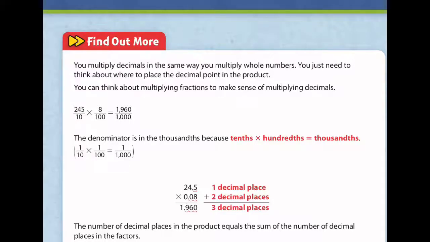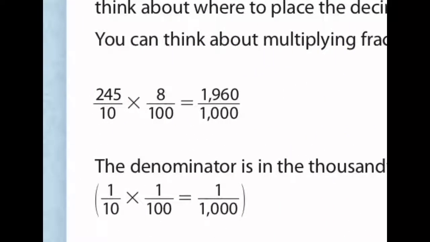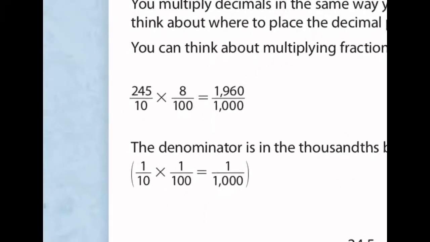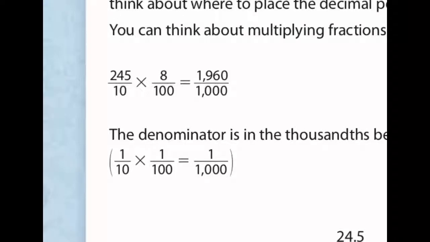So in the problem, 24 and a half could also be written as 245 over 10 times 8 over 100. All right, so that's where they're getting this problem.